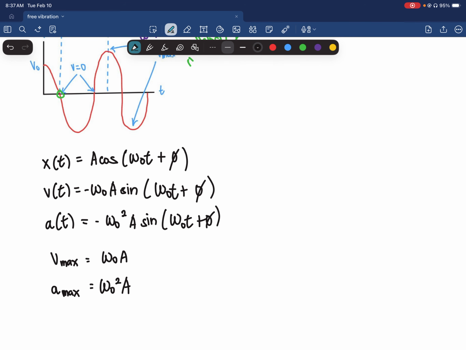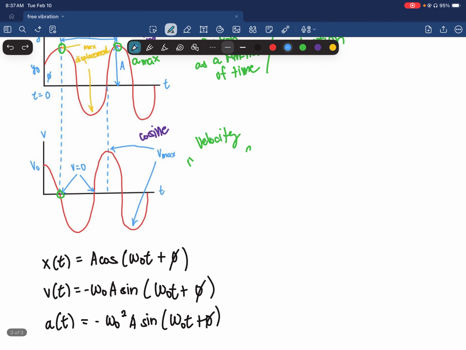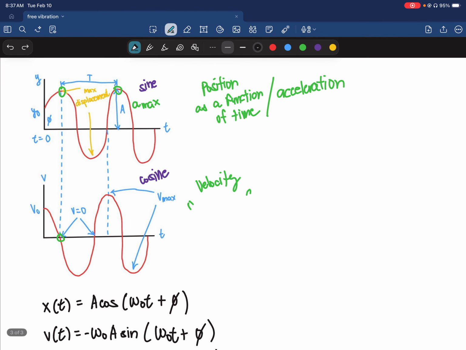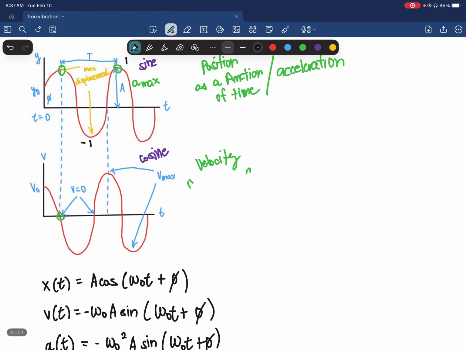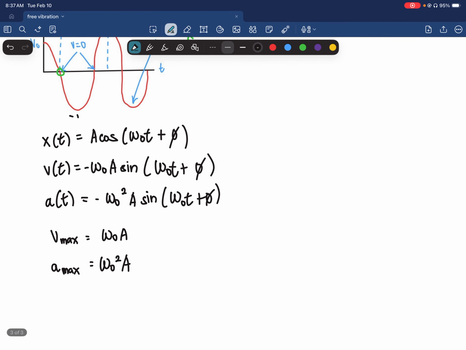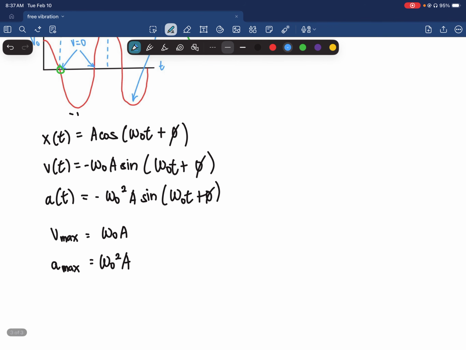So bakit nawala itong mga part na to? That is because yung range ng ating sine and cosine is only from 1 to negative 1. Yun lang yung range niya. Therefore, if we equate this to 1 or negative 1, this will either be negative or positive. In this case, positive siya because it is a maximum.